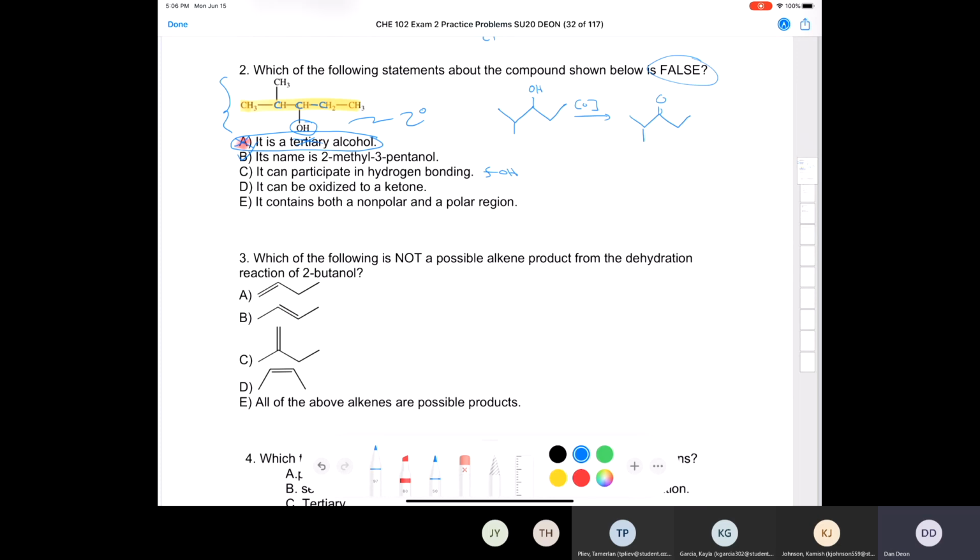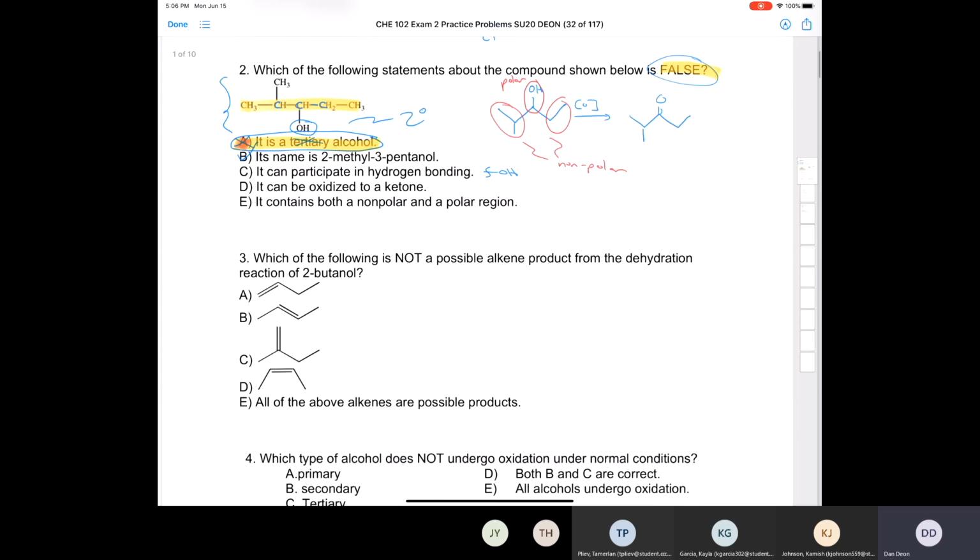And it contains both a polar and a nonpolar region. Yeah, I'd say so because this part, this is definitely polar. A hydroxyl is polar. But all of these hydrocarbon parts here are nonpolar. And so the answer to this one is A. It is a tertiary alcohol is false. It's a secondary alcohol.